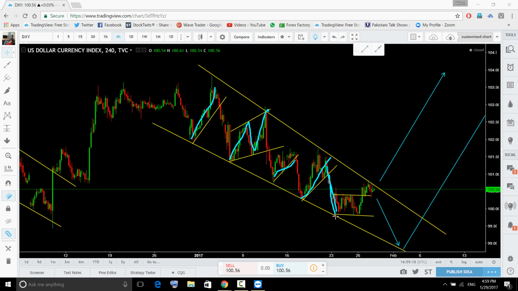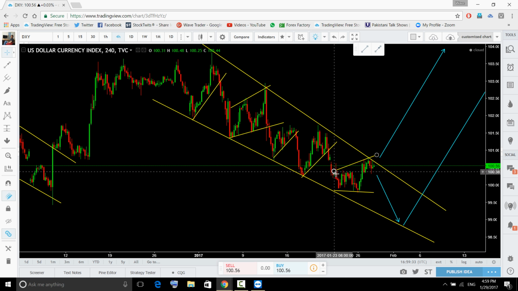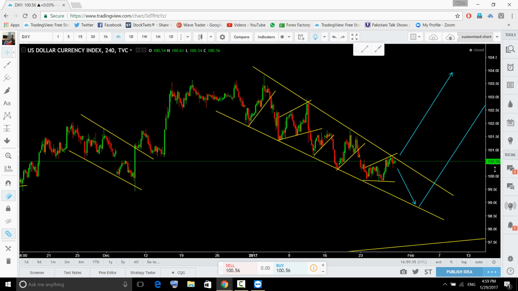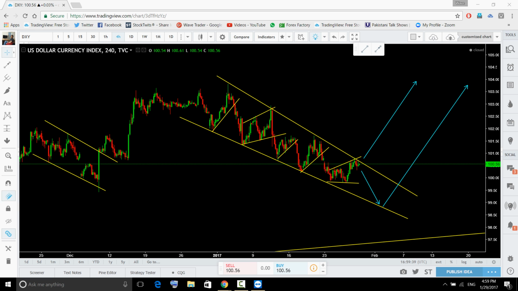We didn't get an impulsive move from the bottom trend line, so we can see that there is still a corrective trend continuation pattern. This trend continuation pattern can fall back to the downside again, and the same formation can form. So nothing has changed in this structure.